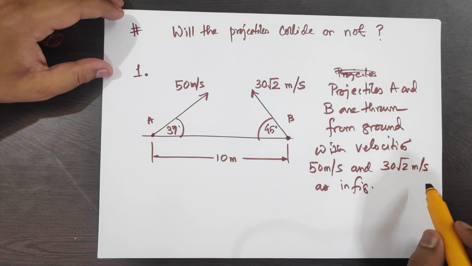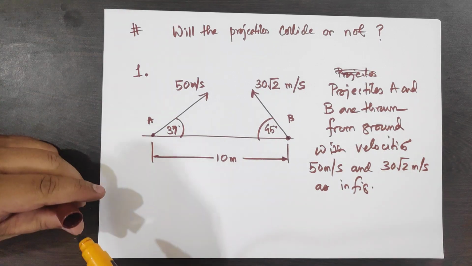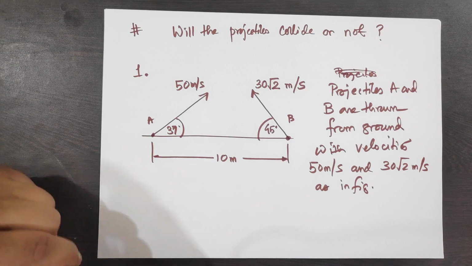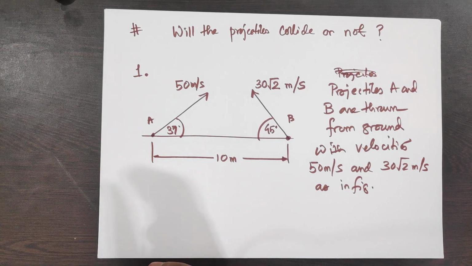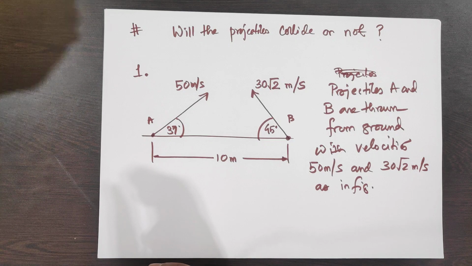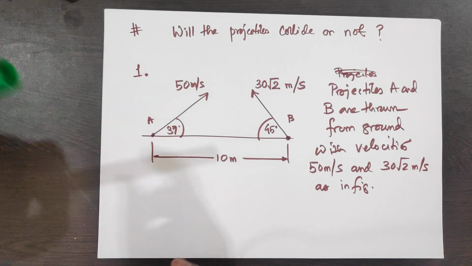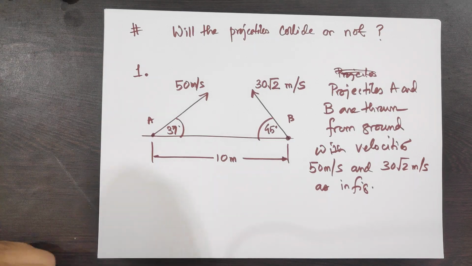So will they collide or not? That's the question. Now there are various ways of solving the problem. I'll tell you the easiest one. The easiest method is that of relative motion.